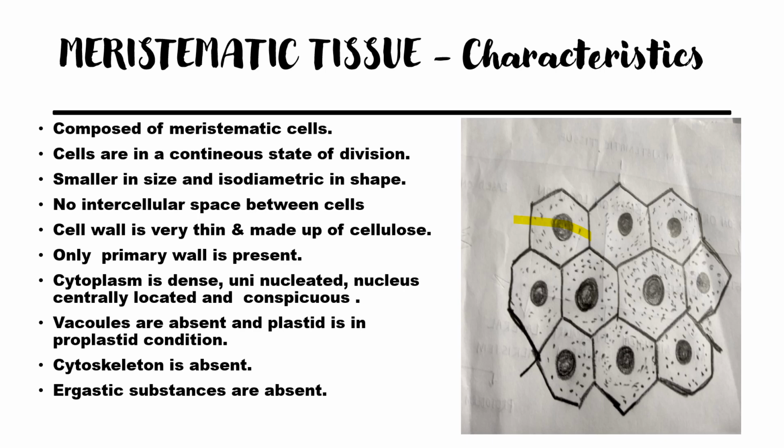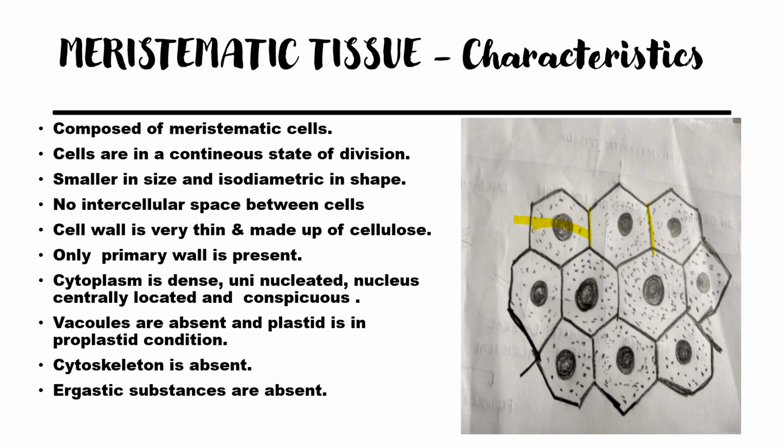They are smaller in size and isodiametric in shape. Isodiametric means they are similar in their diameter, or similar in their size. In between two cells, there is no intercellular space. They are compactly arranged with each other without any space.